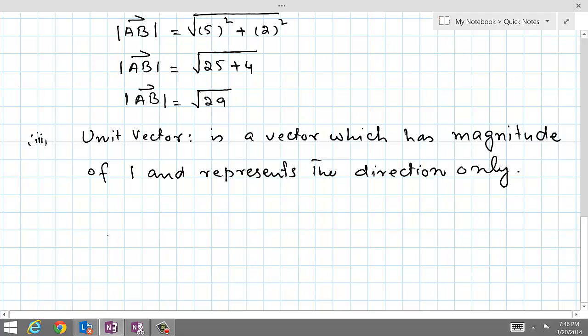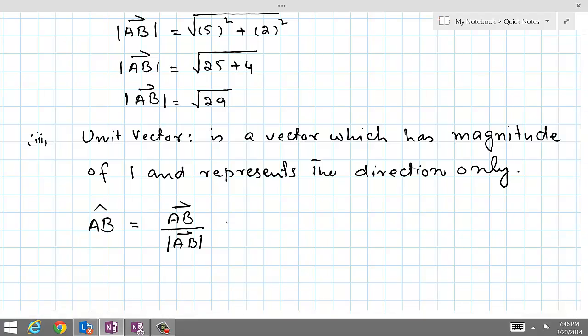Here, if we want to find a unit vector in the direction of vector AB, or the displacement vector AB, we can name it as AB, but this time we are not going to place the arrow on it, rather we put this symbol. This is a symbol for a unit vector, is equal to the vector AB divided by the magnitude of the vector AB. So any vector when divided by its own magnitude gives us a unit vector in that direction.